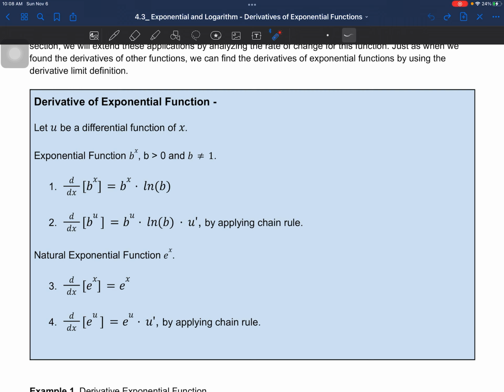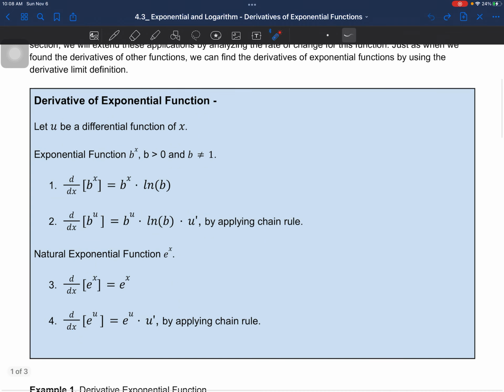As a consequence of this, we also have another rule that is a specific example of the exponential function, and that is the natural exponential function. Remember that this looks like e to the x, where e is a specific value, 2.71 something something.